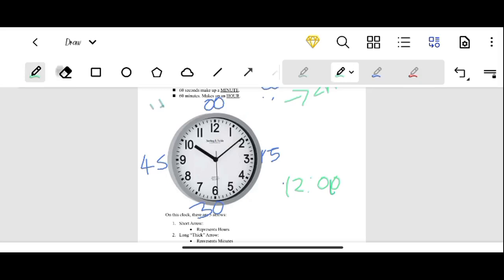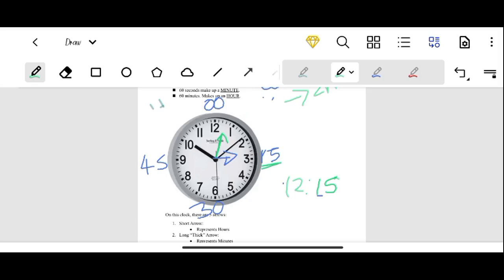It's going to be 12:15. The long arrow is supposed to point at 15, so it's going to be pointing at 3. And the short arrow is going to be pointing next to 12, because we're still at 15.